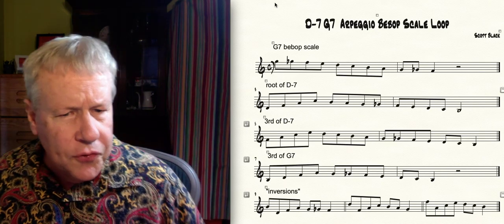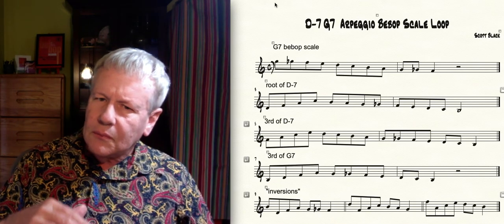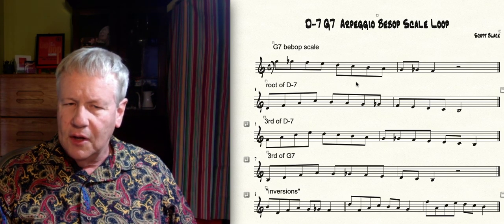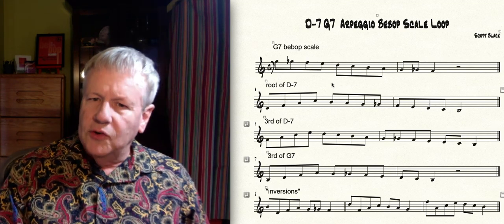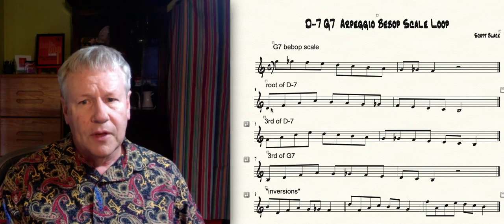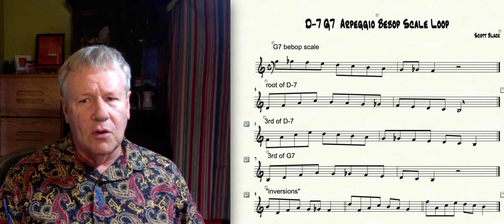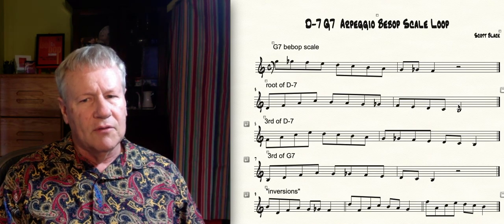All those notes make sense to play arpeggios from, but the ones described in this figure on the screen that are the most commonly played are from the root of the minor 7th chord. We play a 4-note arpeggio up and a bebop scale down from the root of the minor 7th chord.